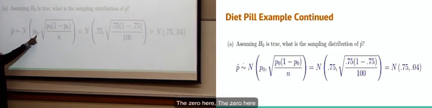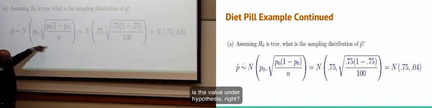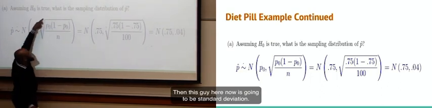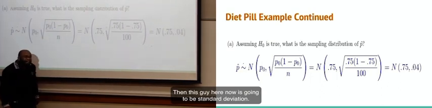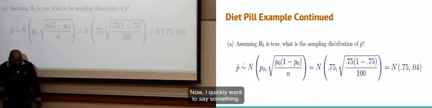The P0 here is the value under the hypothesis. Then this guy here is going to be the standard deviation. Now, I quickly want to say something.